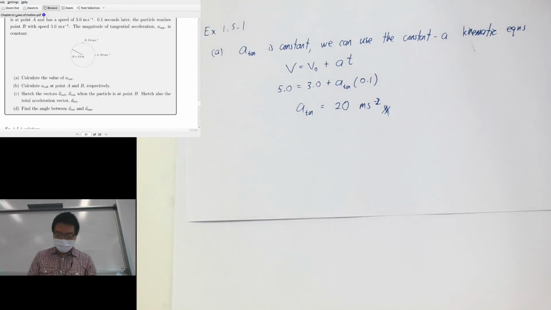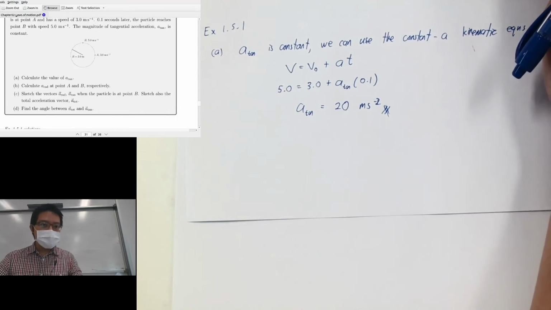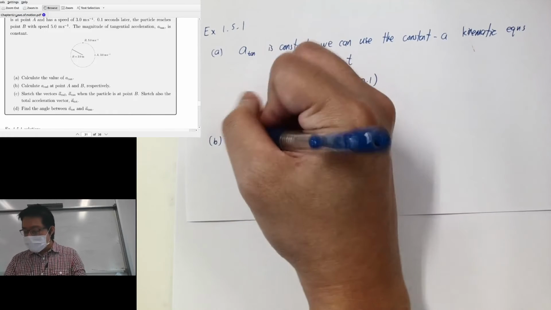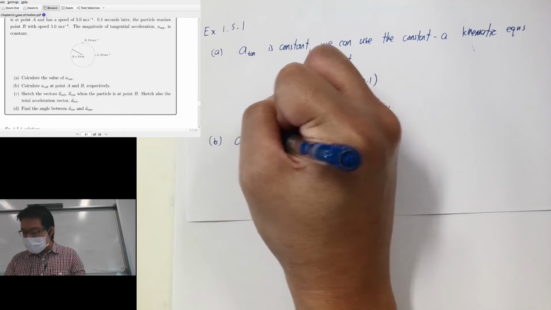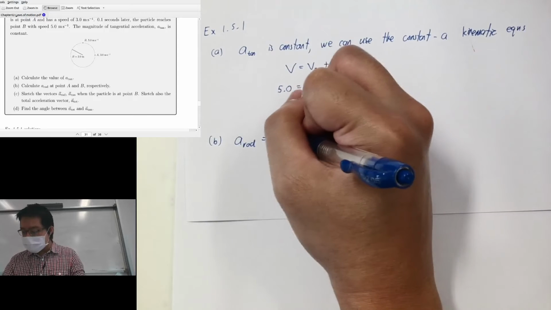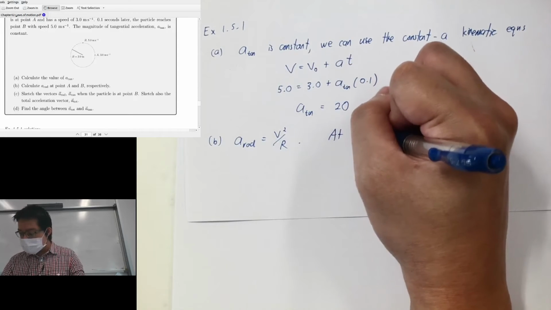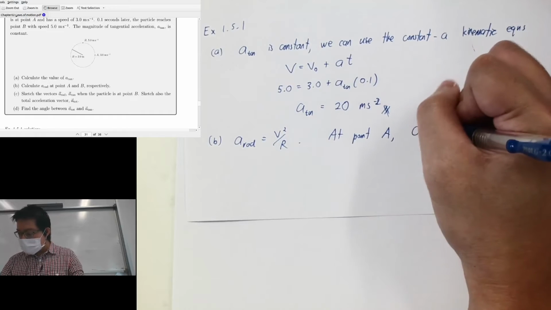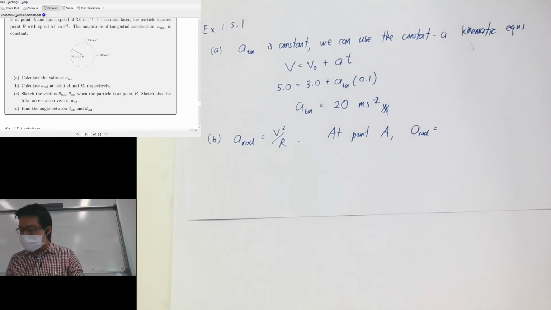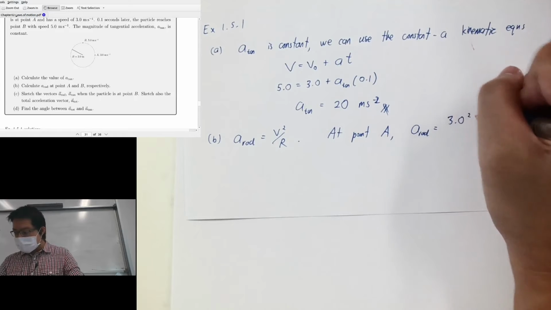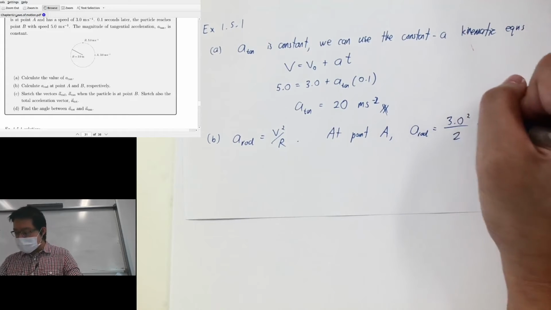Then the next part is we want to calculate the radial acceleration at points A and B respectively. That is very simple. The radial acceleration is simply given by this formula, which is just v squared over r. So at point A, my radial acceleration just uses my velocity at point A. My velocity at point A was 3 meters per second, and the radius of the circular motion is just 2 meters.